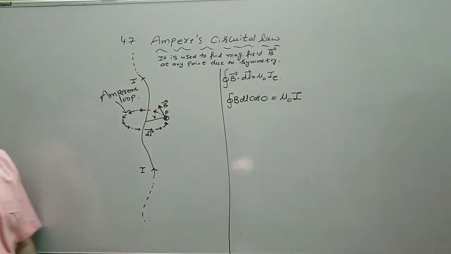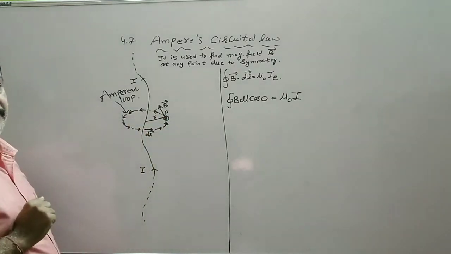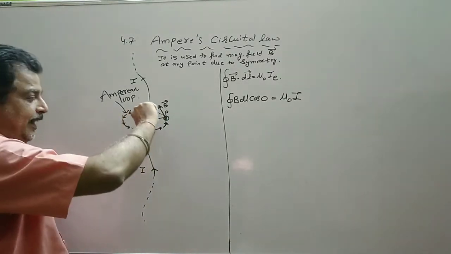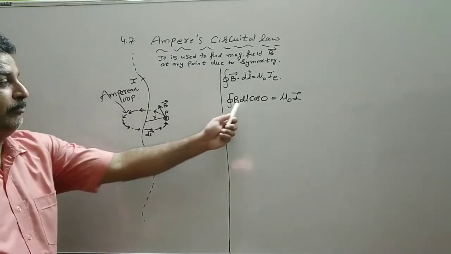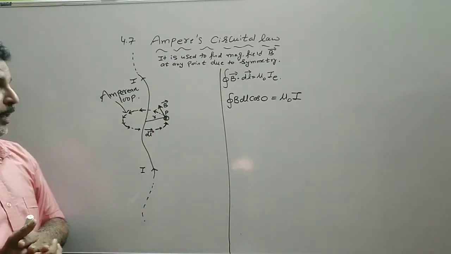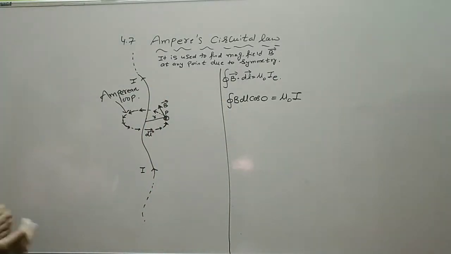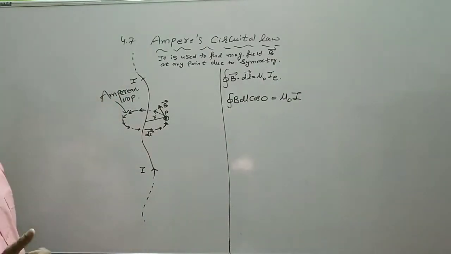So this is I. Now if I take dl in the opposite direction, suppose you take this dl clockwise, what will be the angle? 180. So here you will have a minus sign, and this minus sign should be replaced by the minus I there. You will again curl your fingers in the direction of dl.